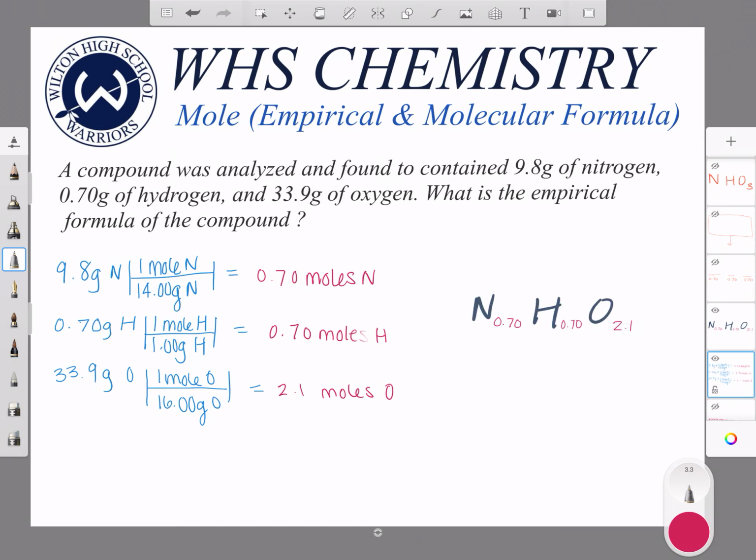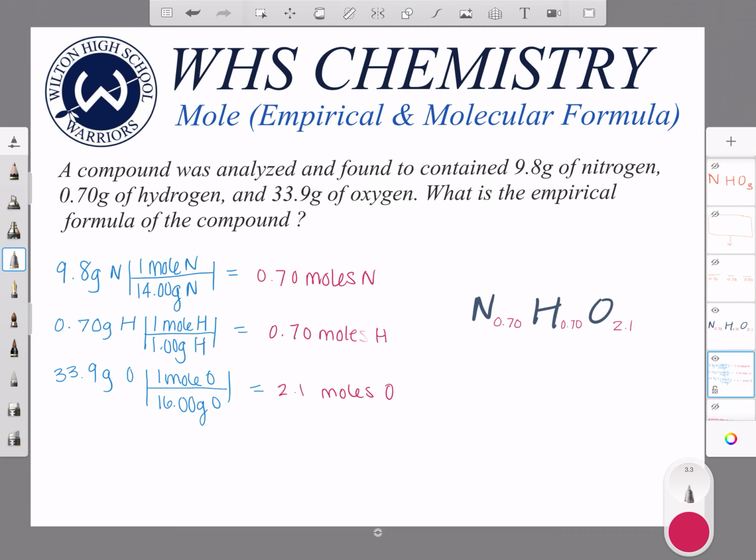We can take our moles and put them with the elements they align with, and we use them as the subscripts. So there's 0.7 nitrogen, 0.7 hydrogen, and 2.1 oxygen. And usually when we write formulas, they're whole numbers.